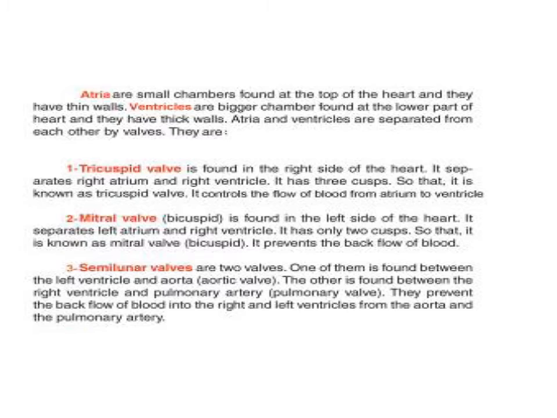You say it prevents the backflow of blood into the left ventricle. Why? Because the aortic valve is found at the beginning of the aorta, which opens from the left ventricle.